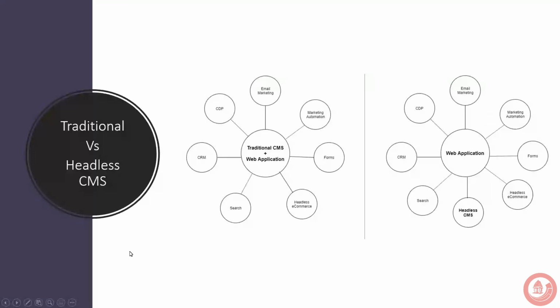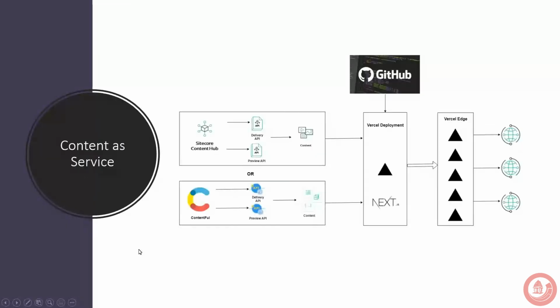In the next few slides and the demo we'll see how that is built. If we can build our application in that way, then we can say our content is in Sitecore Content Hub, and we can deploy our application to Vercel, where content is coming from the Content Hub, or we can completely use a different CMS.